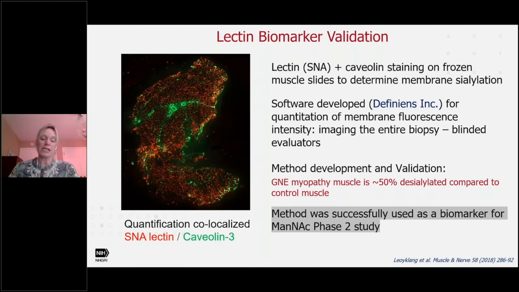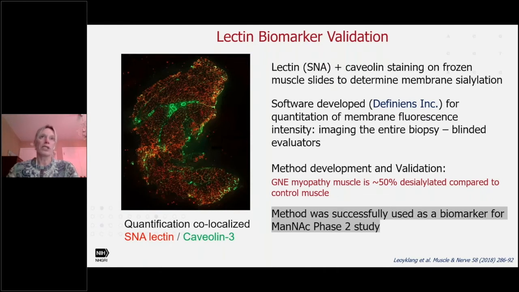And then we sent these data to a company that helped us develop software to quantify how much of the green signal co-localized with the red signal, so how much SNA is in the same spot as caveolin in control muscle compared to patient muscle. So you can quantify the signal in the entire biopsy. You can count every single cell.